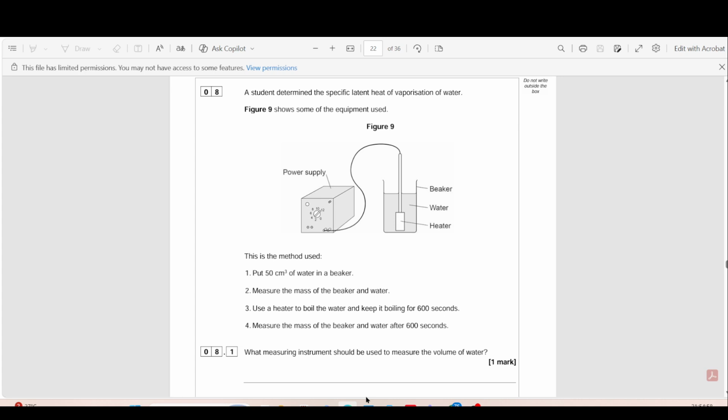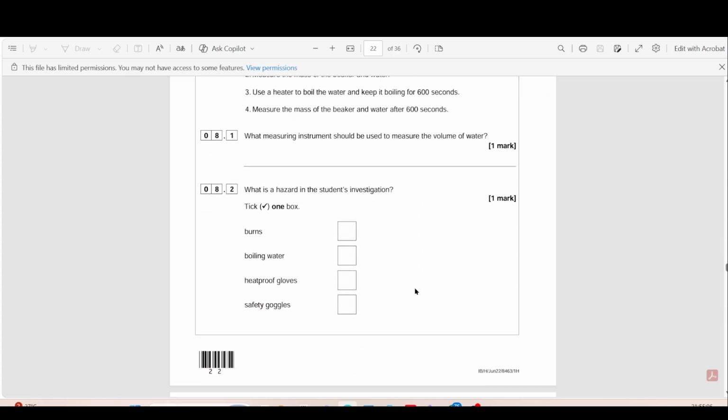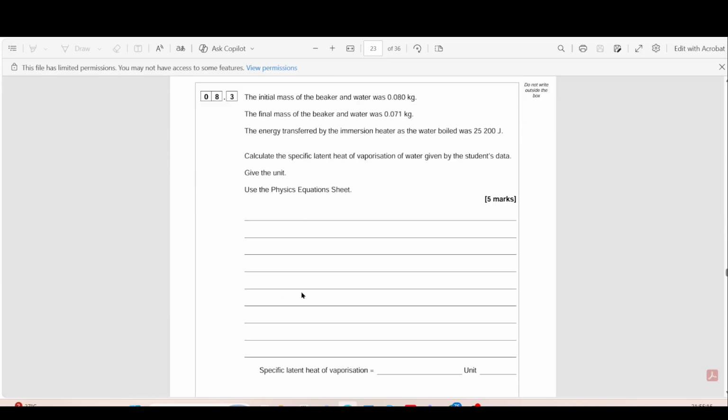What instrument do we use to measure the volume of water? Measuring cylinder. Exactly. So just write measuring cylinder. What is the hazard in this investigation? Boiling water. Yes, boiling water. Good.